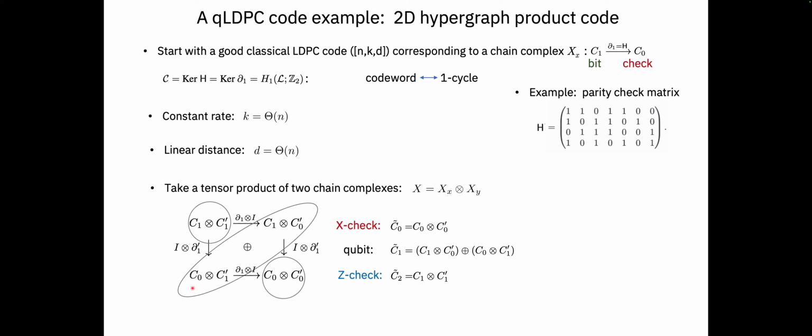And the qubit is the direct sum of two types of one cells produced by the product of a one cell and a zero cell, and a zero cell and a one cell. So using this product, you now build a three-term chain complex where the qubits are defined on the one cells and the X checks and Z checks on the zero and two cells.